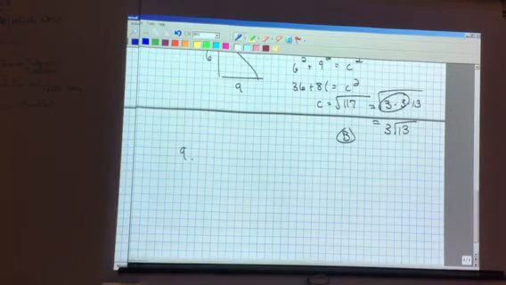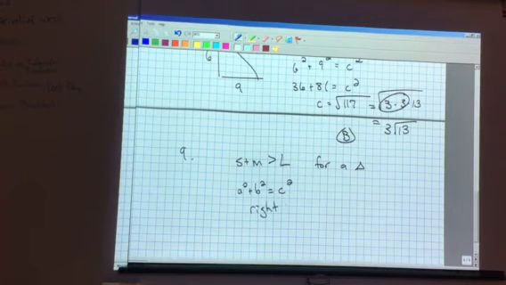9. For each set of numbers, determine whether the numbers represent the lengths of sides of an acute triangle, a right triangle, or an obtuse triangle, or no triangle. So to be a triangle, your small side plus your medium side have to add up to be bigger than your large side. If a squared plus b squared equals c squared, then it's a right triangle.